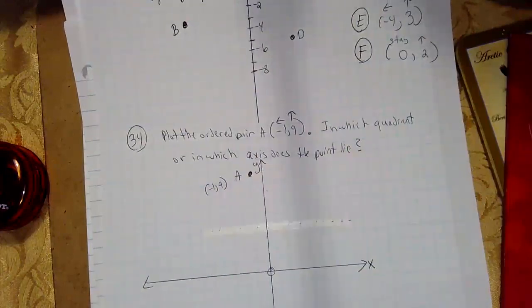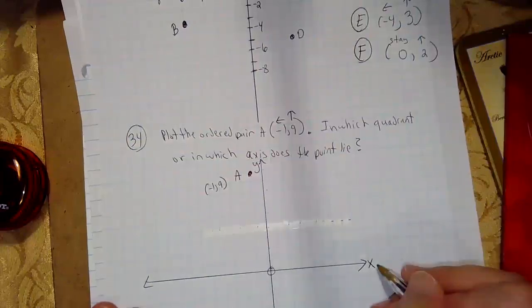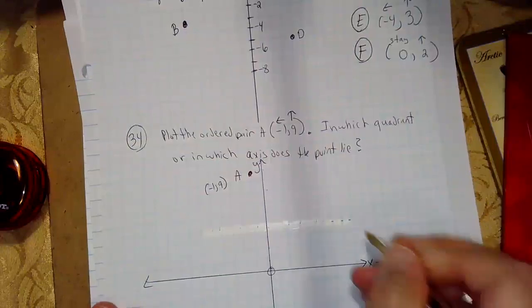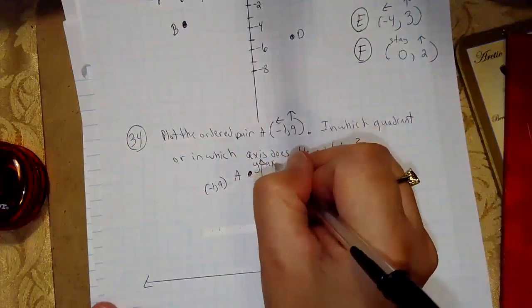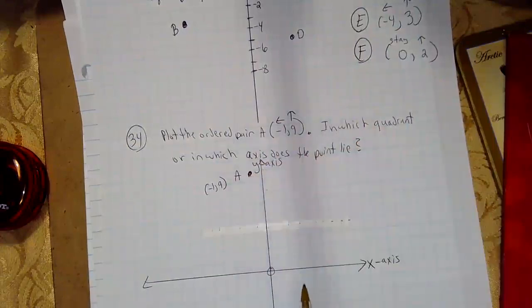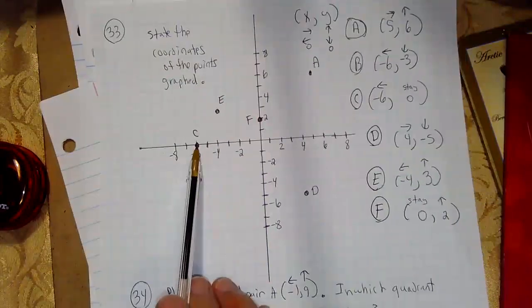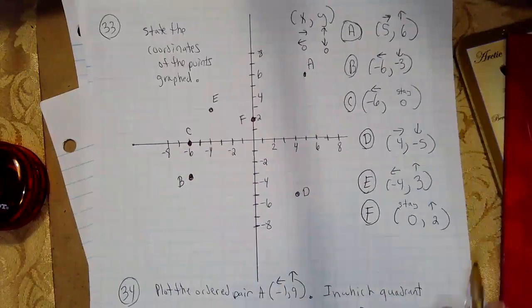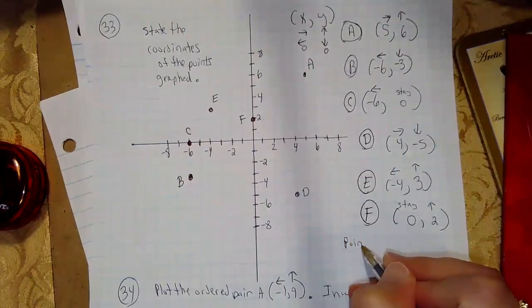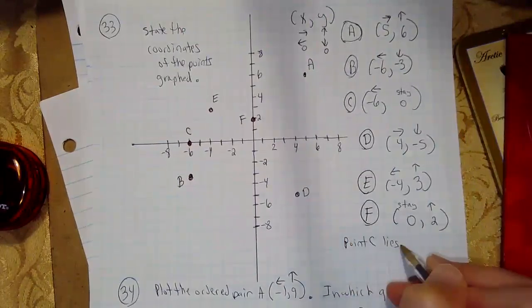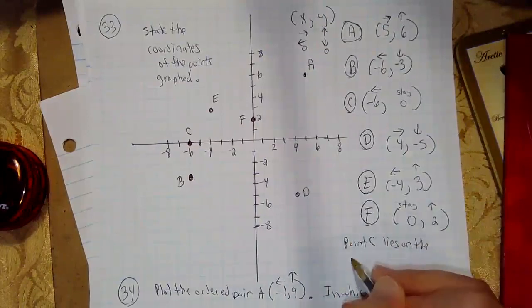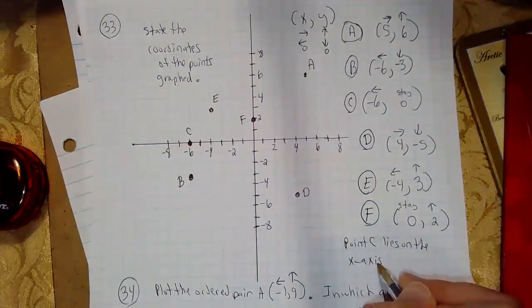It asks in which quadrant or on which axis does the point lie. A point either lies on an axis. This is the x-axis, and this is the y-axis. This point doesn't lie on an axis. If it did, it would be over here, like point C, which lies on the x-axis.